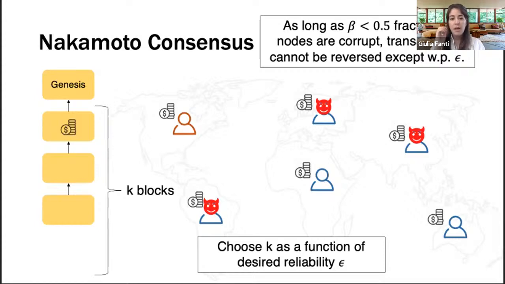And so this number k should be growing roughly as log 1 over epsilon. And different users can choose different reliabilities that they want to operate at. So this explains, first of all, the life cycle from when Alice first proposes her transaction to when she finally decides that the transaction has been accepted by the rest of the system.